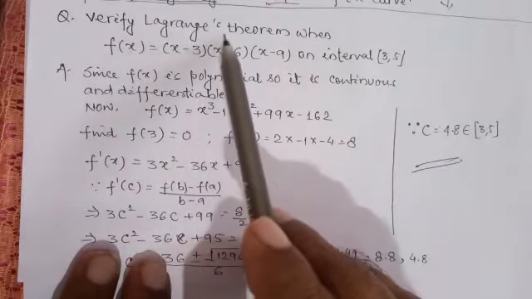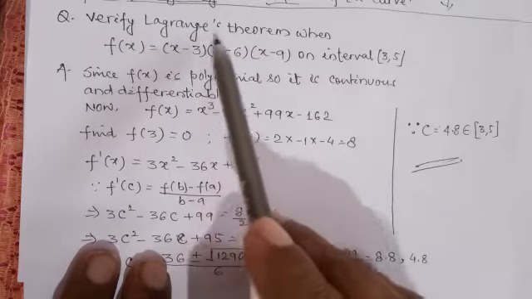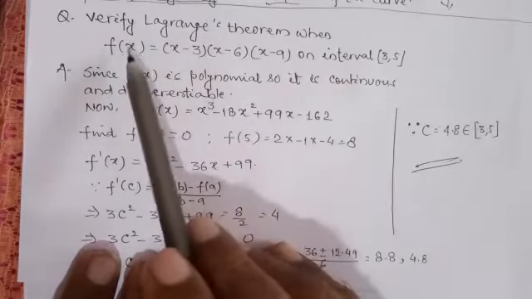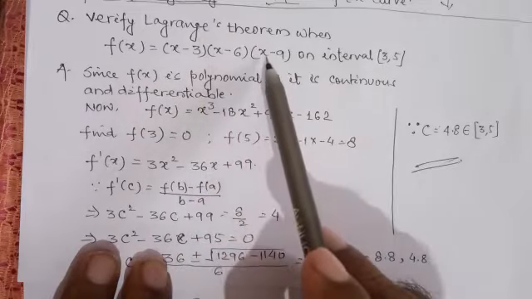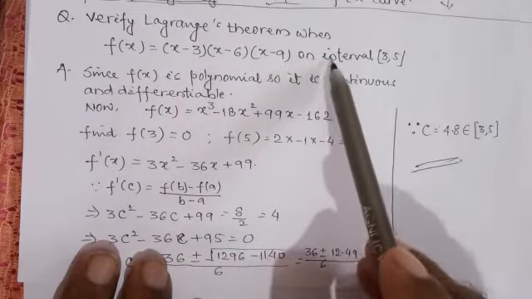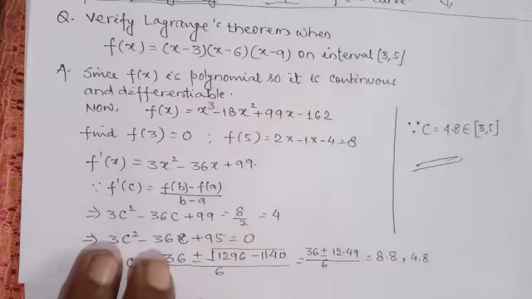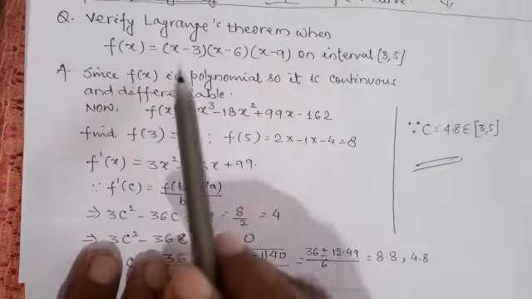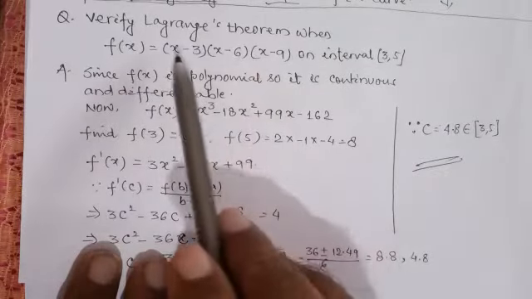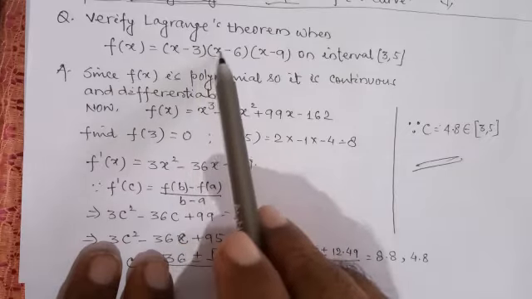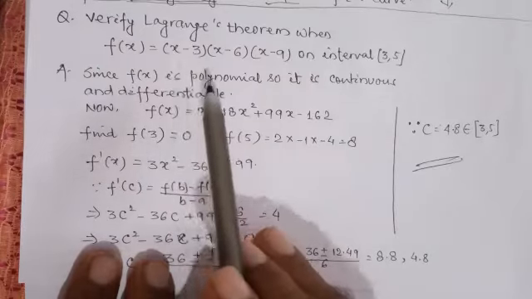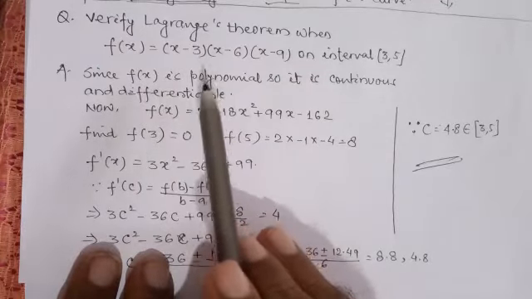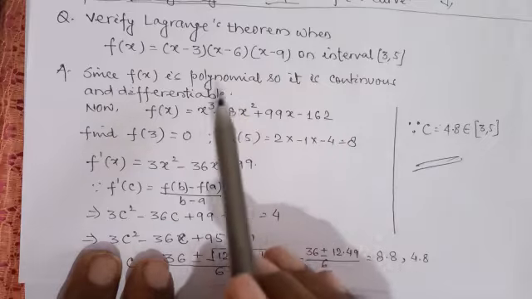Verify Lagrange's mean value theorem when f(x) is (x minus 3)(x minus 6)(x minus 9) on the interval [3, 5]. After multiplication, the maximum power of x is 3, so it becomes a polynomial, and we know every polynomial is continuous as well as differentiable.